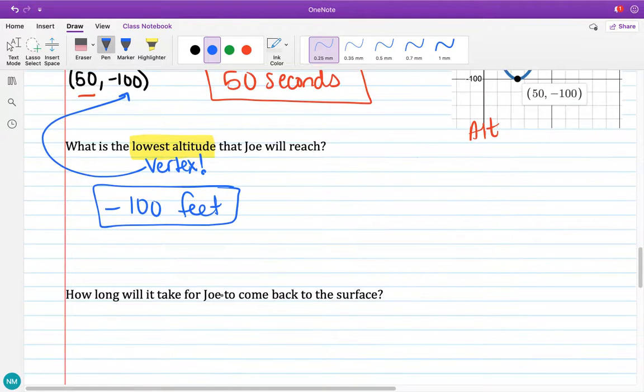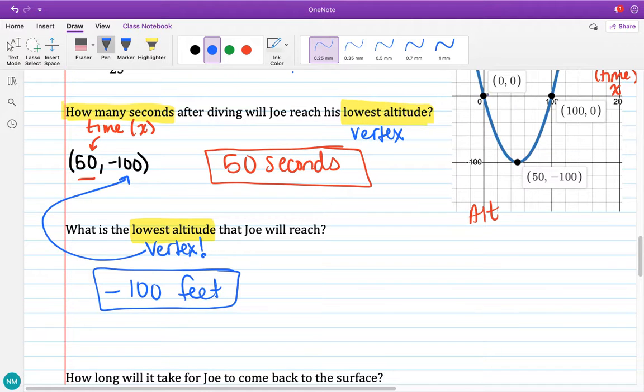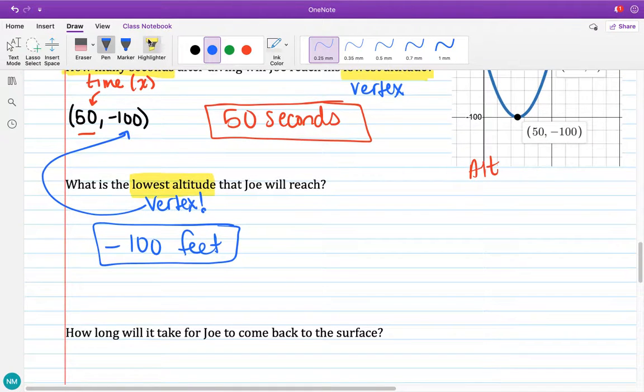How long will it take for Joe to come back to the surface? So he started at the surface here. He went down, down, down, and then came back up to the surface. So how long will it take? Again, how long is asking for time, which is X, and it's asking when he comes back to the surface.